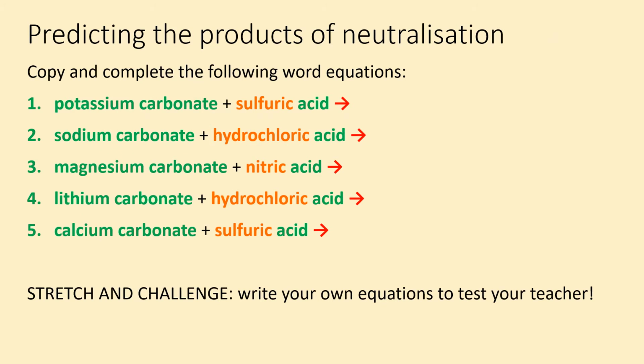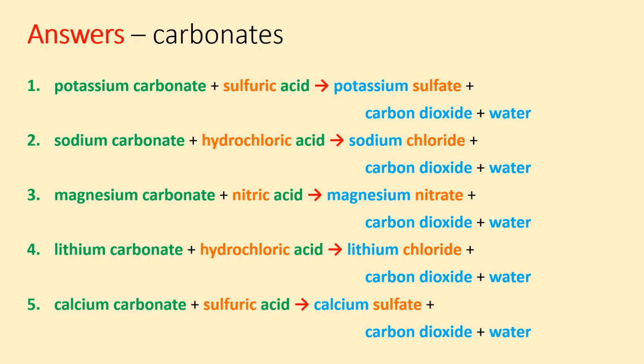Here's the same sort of task again, so feel free to copy and complete those. Just pause the video. And here are your answers. You'll notice that every single one produces a salt, and the salt is dependent on the metal that's reacting and the acid, and they all make carbon dioxide and water.